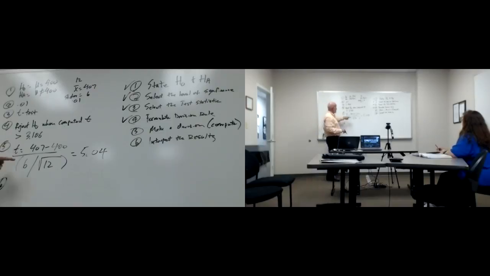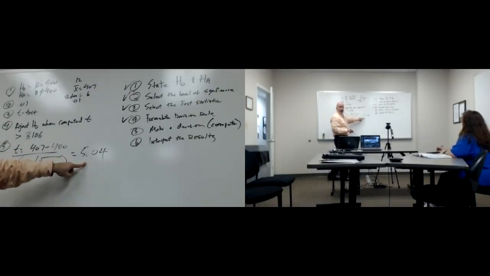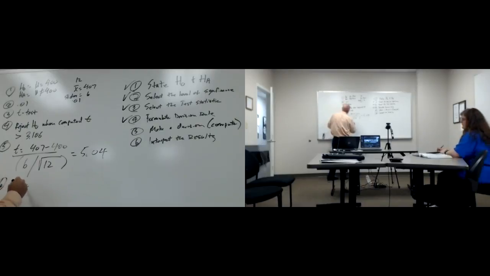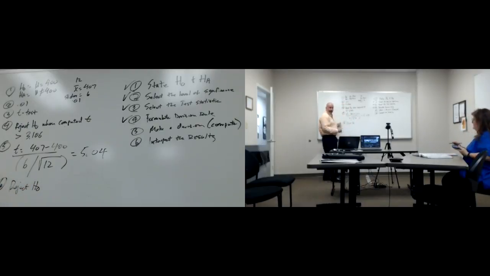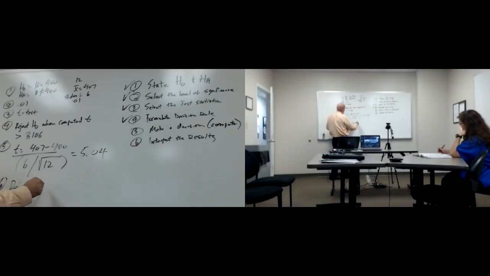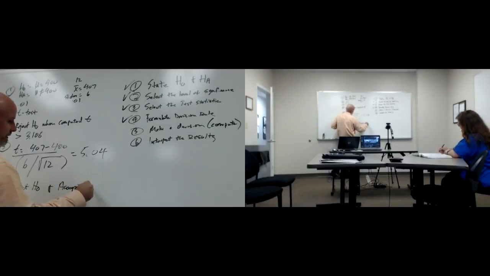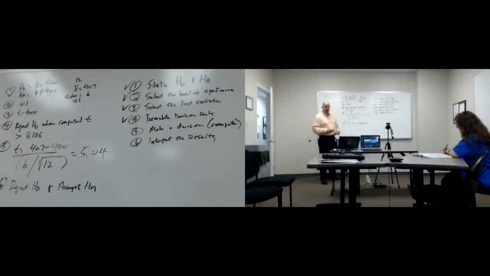We just computed t to be 5.04. So it's greater, so you reject the null hypothesis and you would accept the alternate hypothesis.